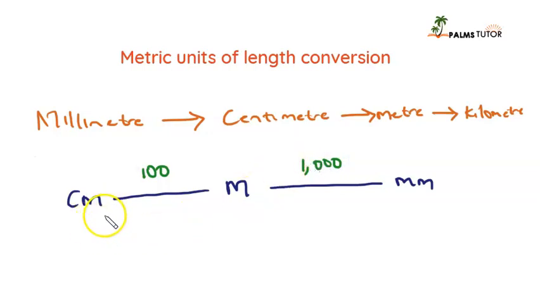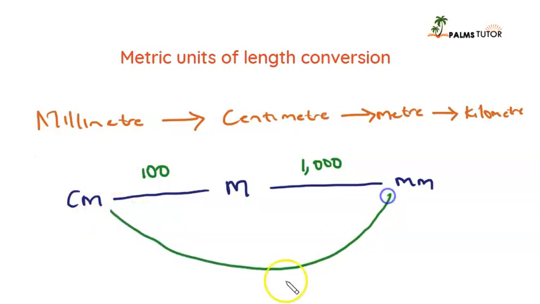Now, the relationship between centimeter and millimeter is actually 10. Let me ask you a question. Centimeter or millimeter, which one is smaller? A millimeter is smaller than a centimeter. That means millimeter is 10 times smaller than a centimeter, and a centimeter is 10 times bigger than a millimeter.